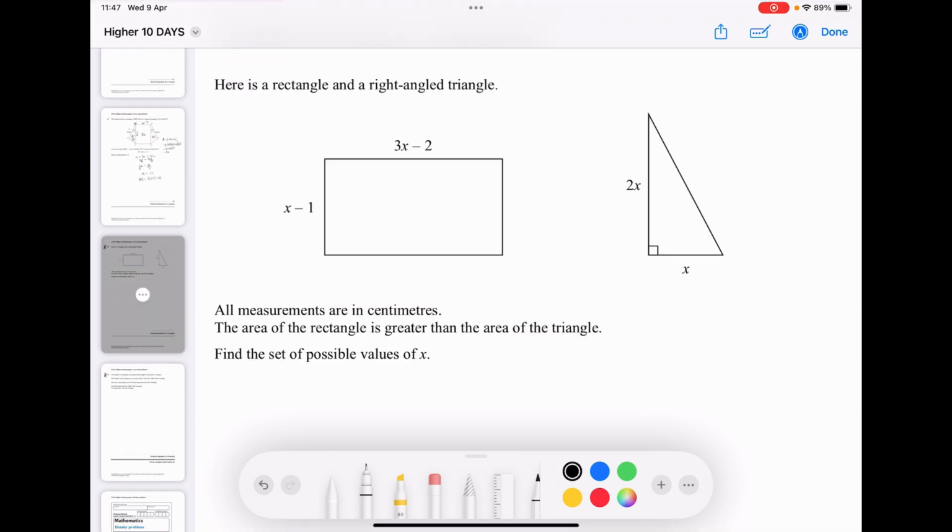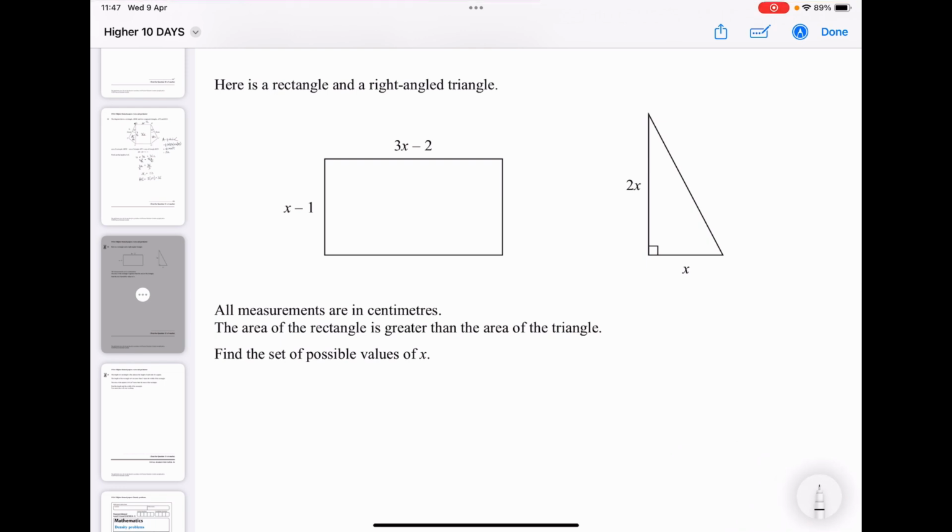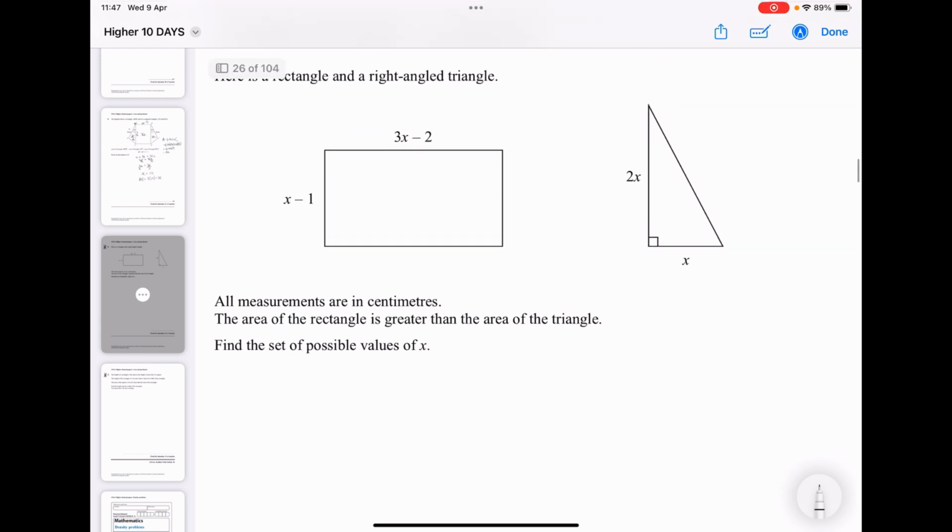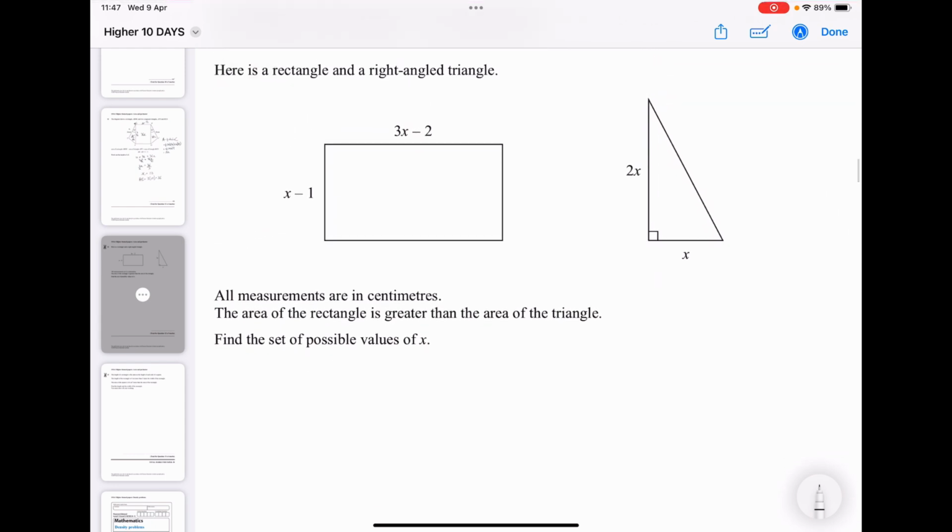This is a rectangle and a right-angled triangle, and the area of the rectangle is greater than the area of the triangle. Find the set of possible values of x. So what I've got here is the algebra. The area of the rectangle is 3x minus 2 times x.